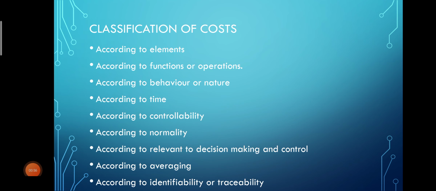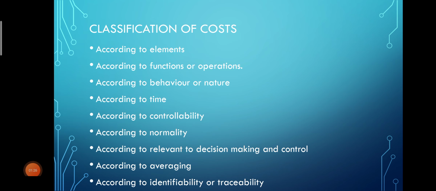Next, we are going to learn in this unit the classification of costs. Now, there are different classifications of cost. First classification is according to elements. Second is according to functions or operations. Third is according to behavior or nature. Fourth is according to time.